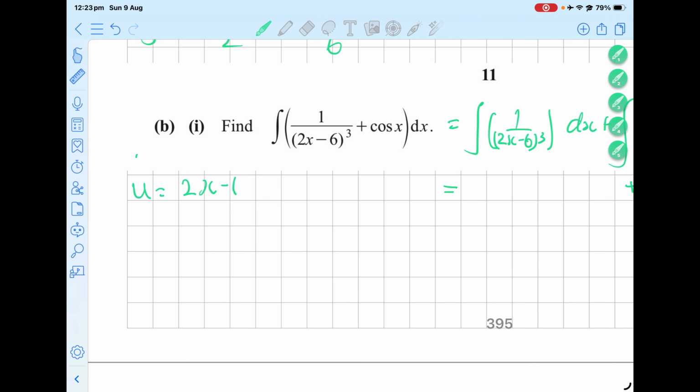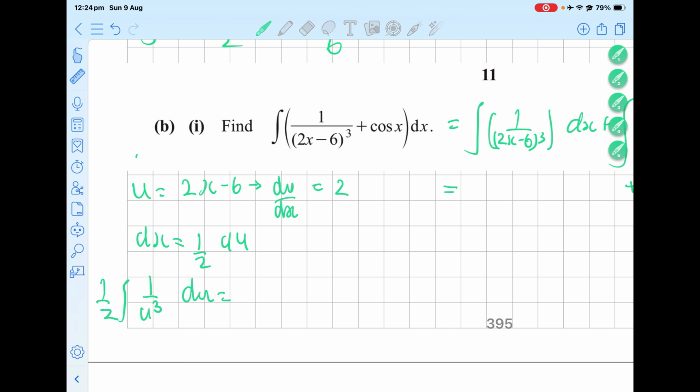So du by dx is 2. So dx is half du, and then when you integrate 1 over u cubed du, with the half outside over here.